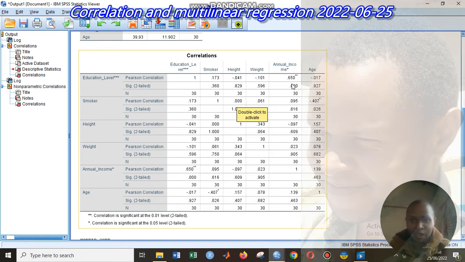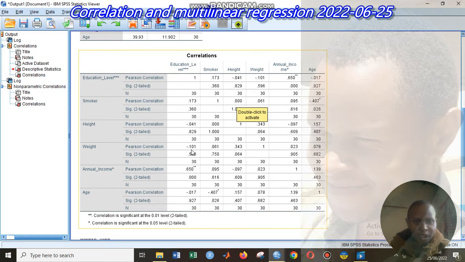The same with annual income and education level. This is the significant figure, for the correlation between smoker and height. So we can also see the significance.